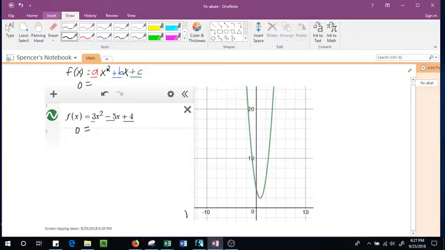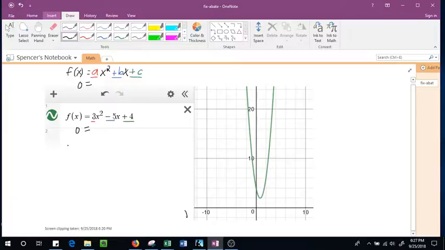What we're finding when we do the quadratic formula is the x-intercepts, if they exist, right? Or we'd have i if they did not. So we would set y equal to 0 to find that.